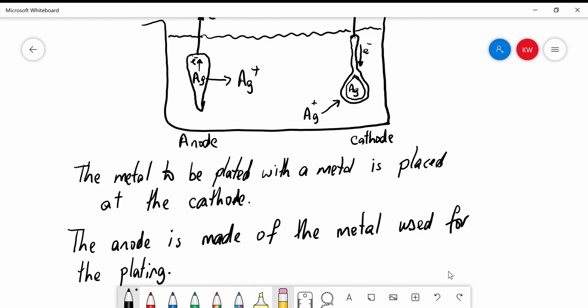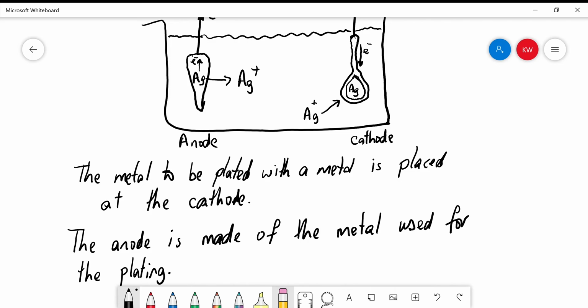And the plus charge here and plus charge here repel. So the plus charge will migrate all the way over to the cathode. And since we're attracting electrons here, we're going to have the metals form and coat this entire surface. This is a very important application.